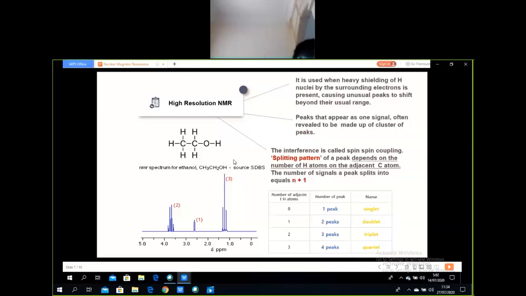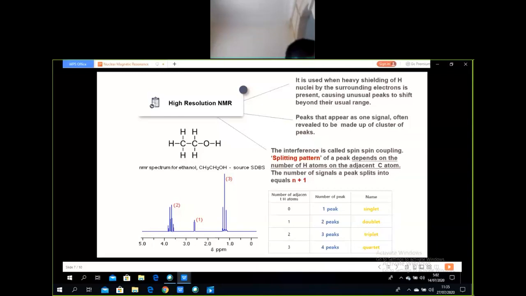Like in this spectrum, the chemical shift here corresponds to the same as low resolution. The chemical shift is the same. The difference in high resolution is that there is a splitting pattern. In low resolution, there is no splitting pattern.